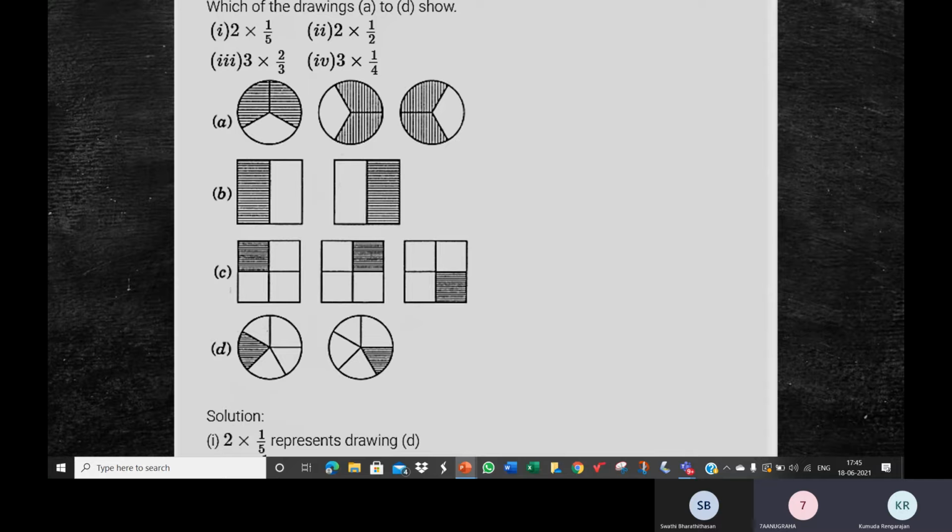Ma'am, because there are 2 parts and one of them is shaded. So the shaded region in the square represents 1 out of 2. So the first one is 1 by 2. The second one is also 1 by 2. 1 by 2 plus 1 by 2 is 2 into 1 by 2.